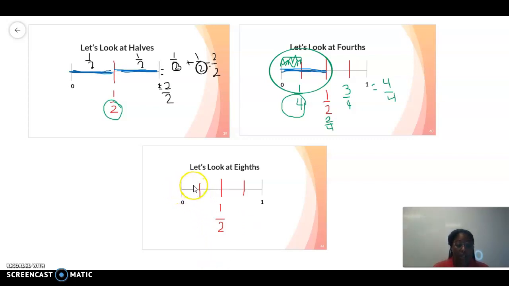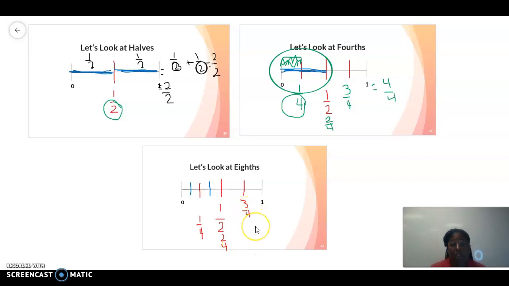So between 0 and 1/4, I'm going to make it small. I'm going to put my halfway marker here. Between 1/4 and 2/4, place my marker here. And the reason why I'm saying 2/4 is because these numbers right here, when I divided it into fourths, those were the fractional parts. Okay, so I'll write it at the bottom so you can see. And this was 2/4 and 3/4.